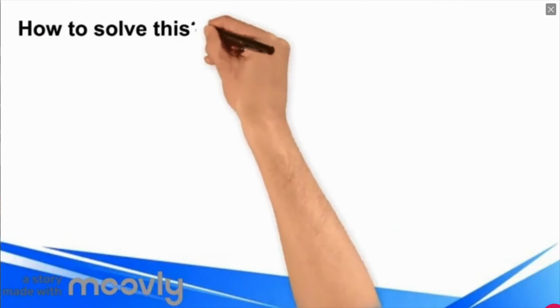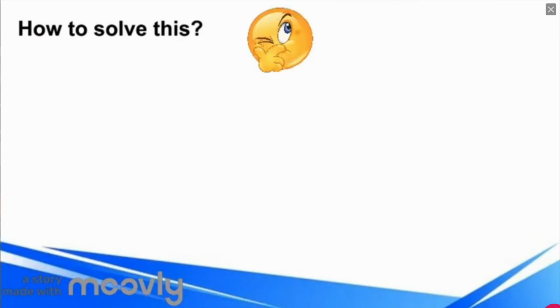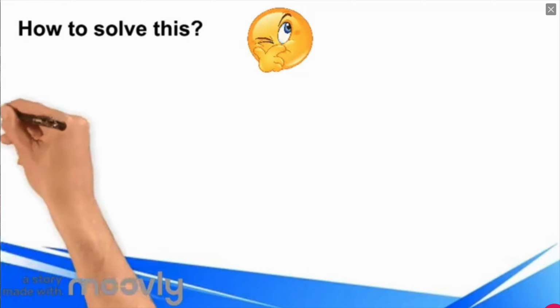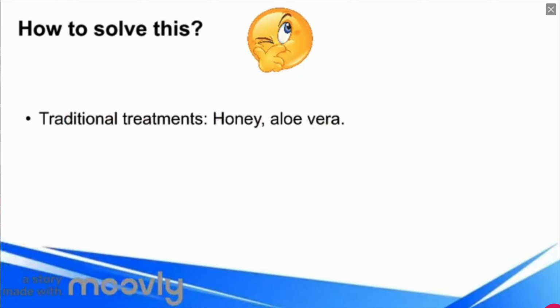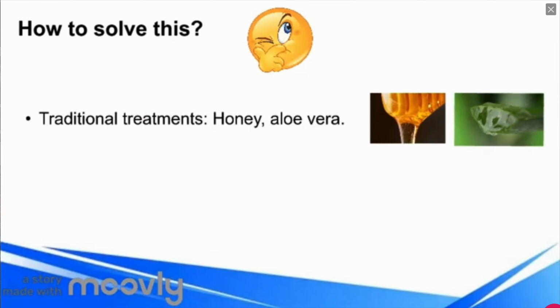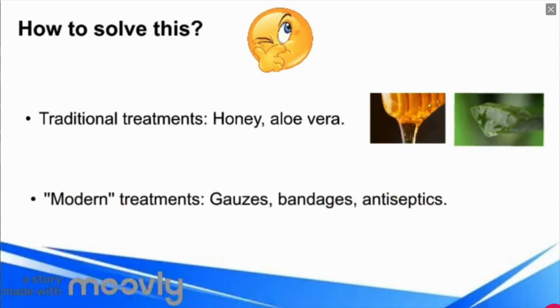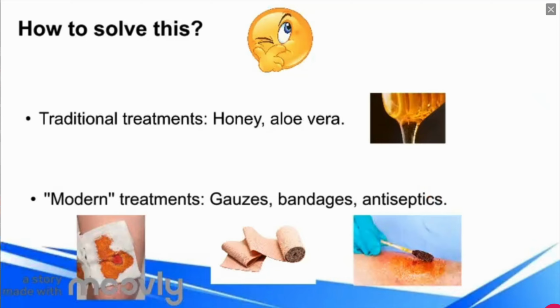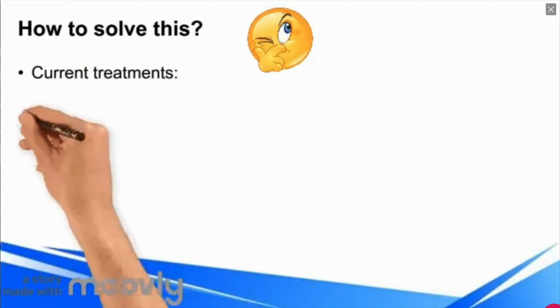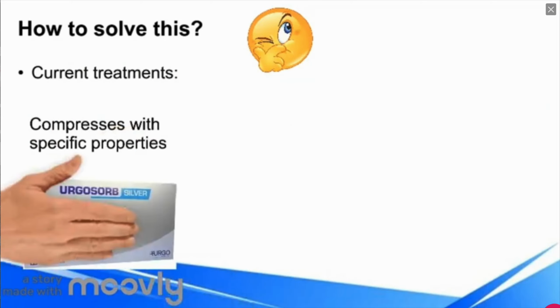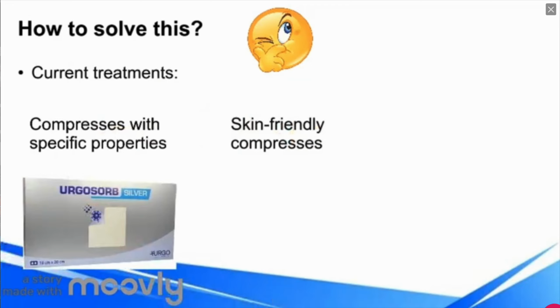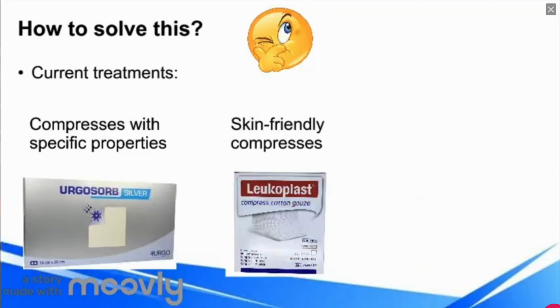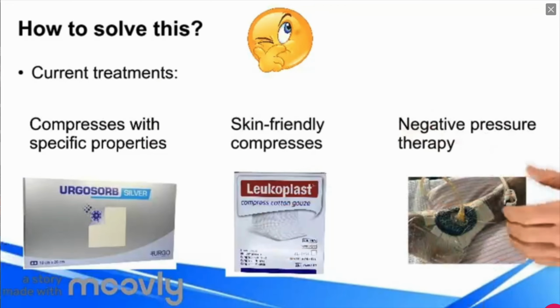So, what has been done to solve the issue? Multiple proposals have been implemented to treat tissue healing and regeneration problems, from the most traditional ones that involve the use of natural remedies such as honey or aloe vera, the use of modern tools such as gauze, bandages, plasters, or antiseptics, to much more current methods such as transparent compresses with specific properties depending on the type of wound, skin-friendly compresses with better adherence to the skin, or more sophisticated therapies such as negative pressure.